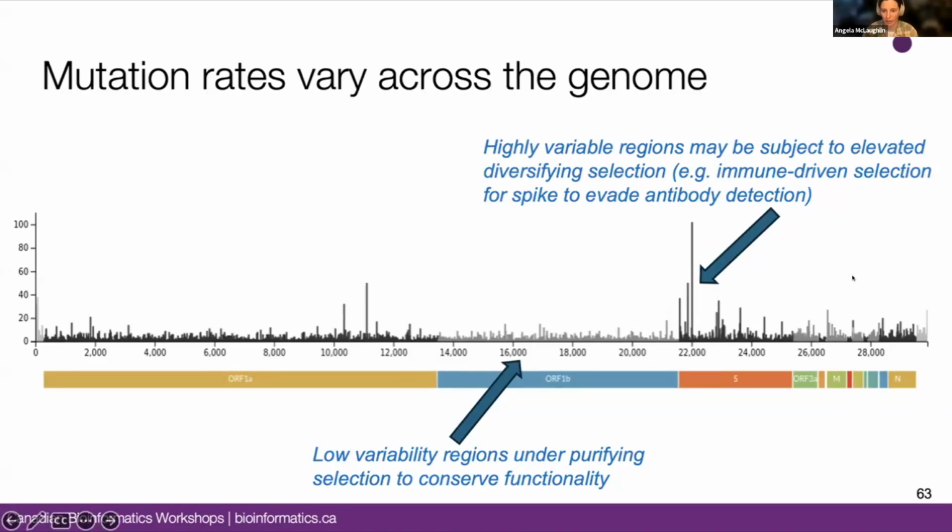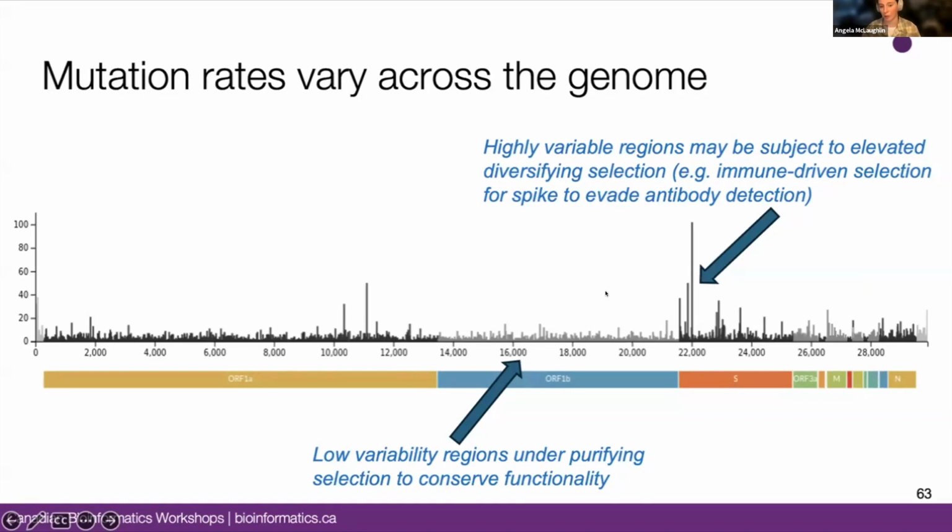This is a look at the SARS-CoV-2 genome with the y-axis showing the variation at these sites. In the ORF1b gene, which is the blue region, there's actually very little variability, relatively speaking.